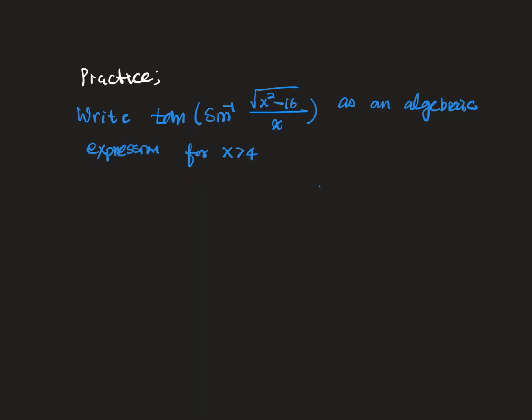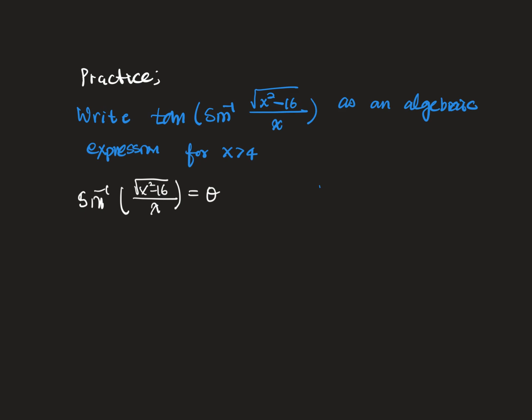Let's do the practice question. Okay, look at this one. This time, tangent of arcsine of square root of x squared minus 16, over x. How are we going to find this one, guys? What do you have to do as the first step? First, you're going to put arcsine of square root of x squared minus 16 over x equals theta.